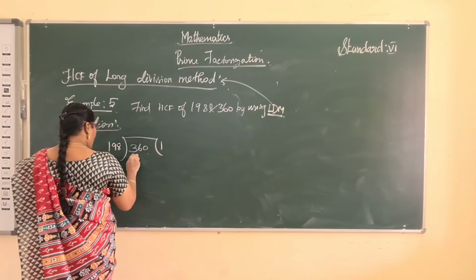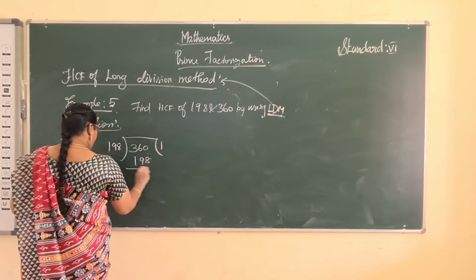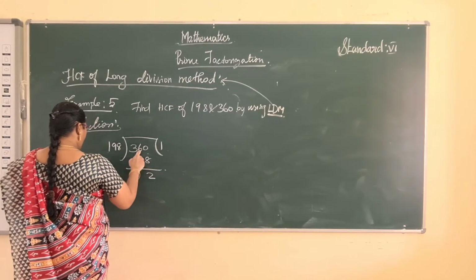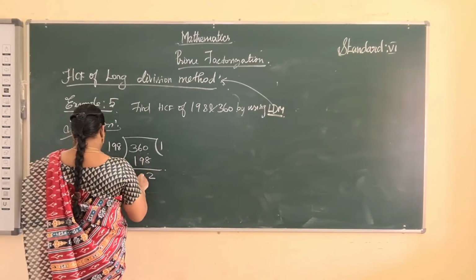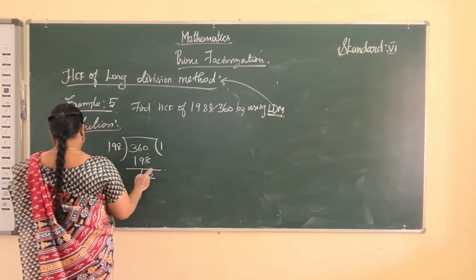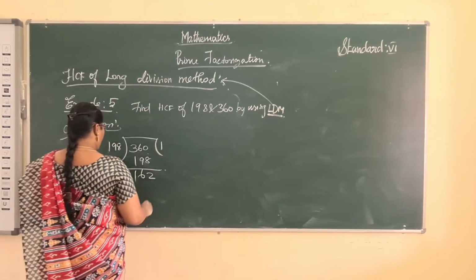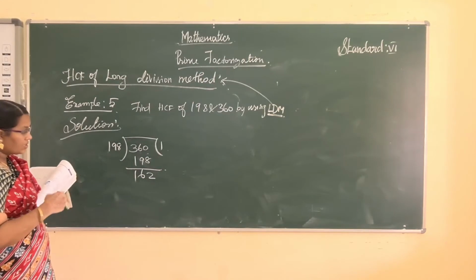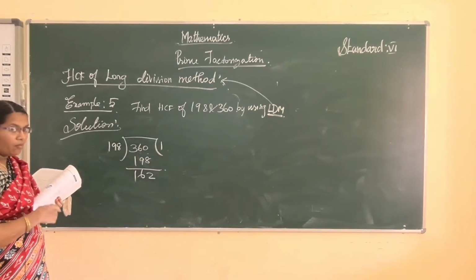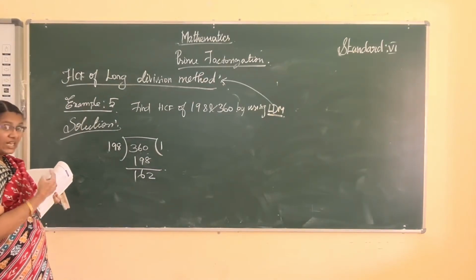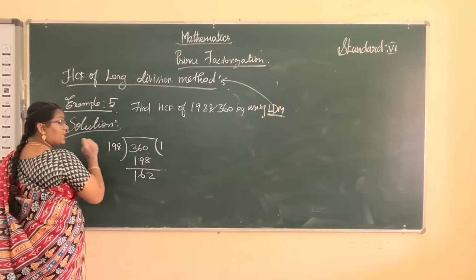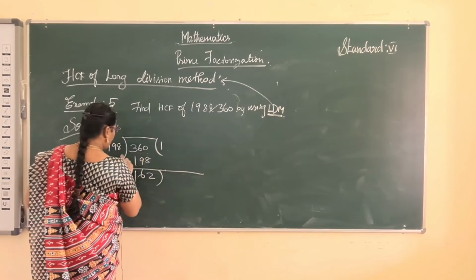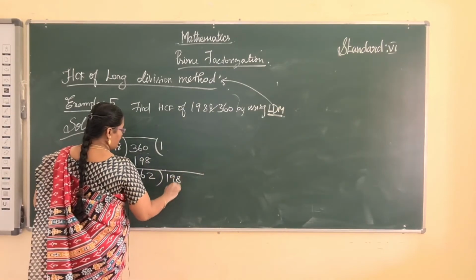So subtract, and we get the remainder 162. Now the remainder is considered the divisor, and the divisor is considered the dividend. 198.